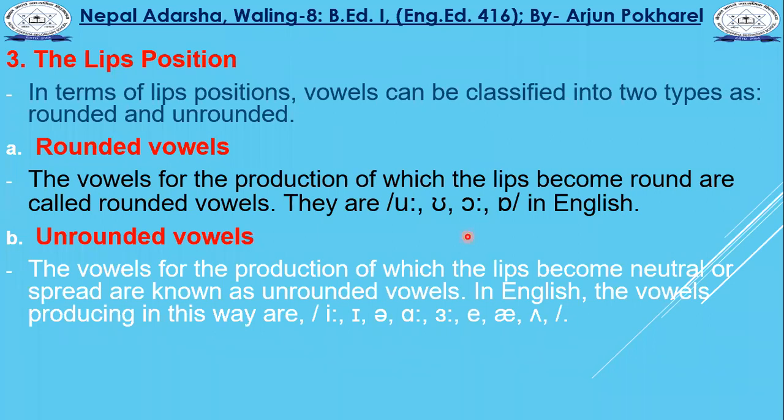If your lips are not round in the production of the vowels, they are unrounded vowels.